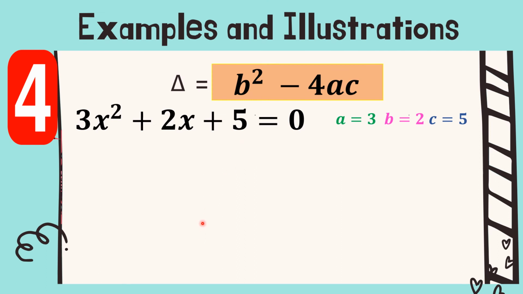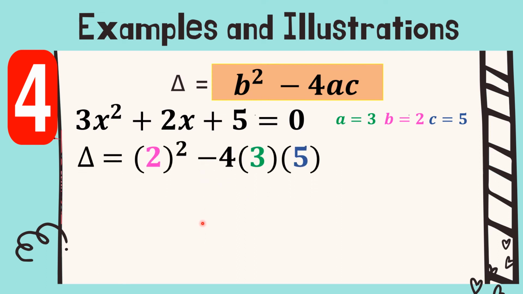After identifying the values of a, b, and c, substitute the values in our discriminant formula b squared minus 4ac. So the discriminant value is equal to 2 squared. 2 is the value of b, minus 4 times the value of a, which is 3, times the value of c, which is 5. Then, evaluate. Discriminant value is equal to 4 minus 60.